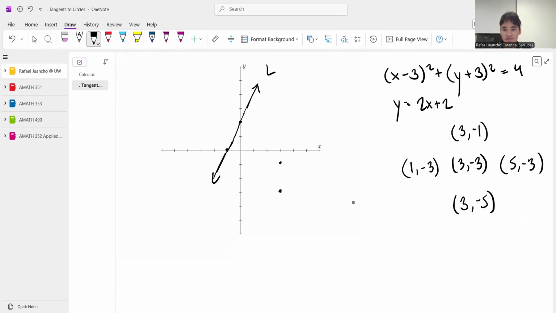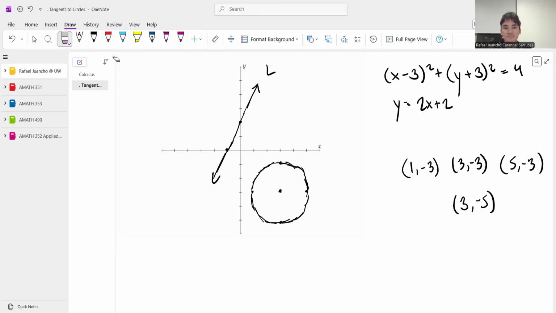So 3, negative 1, 1, negative 3, 5, negative 3, and 3, negative 5 are here. So the circle is kind of like this. Again, approximate. We'll keep it simple like that.